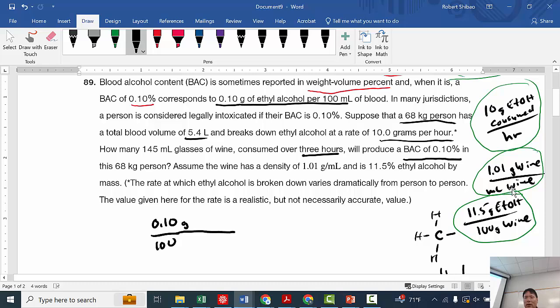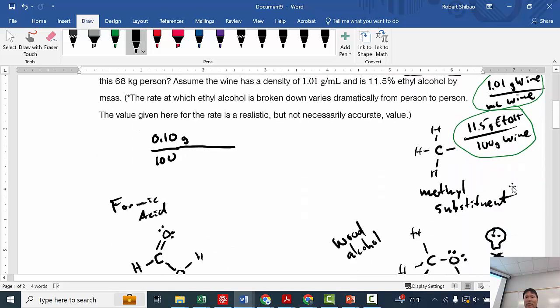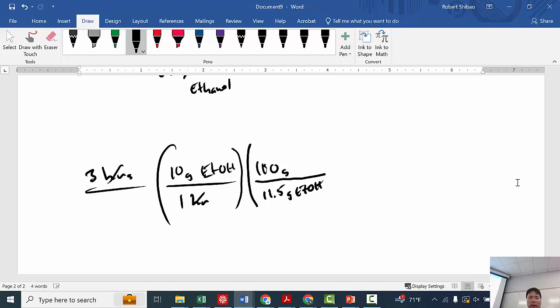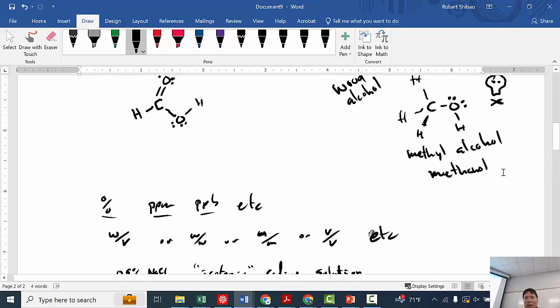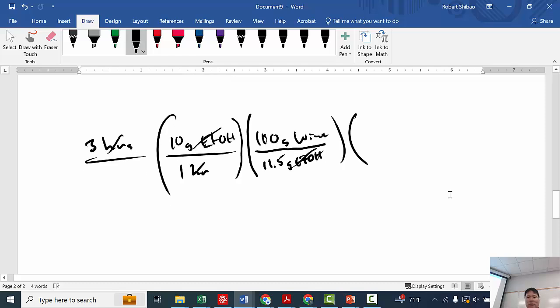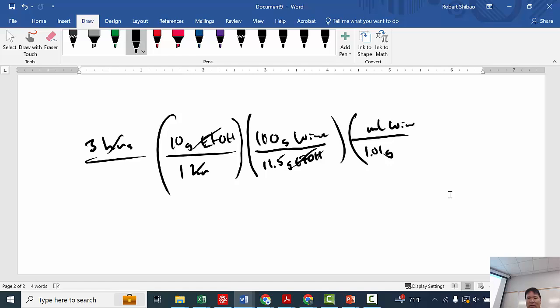The wine's ethanol content was 11.5 grams per 100 grams of wine. Now I have grams of wine, and then I know the density of the wine. The density of the wine is going to be a little higher than water. It's 1.01 grams. Obviously, there's other stuff in wine than just water. And so it's 1.01 grams per milliliter of wine.